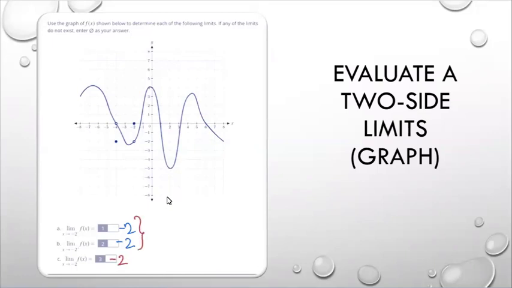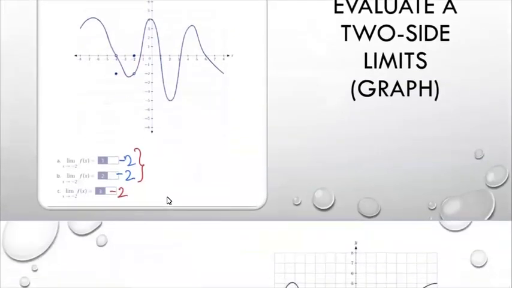So in other words, when we're looking at the graph, you look at how from the left and from the right we are coming to the same place, and that place is -2, then that limit exists. So that is the connection between the one-sided and the two-sided limit.